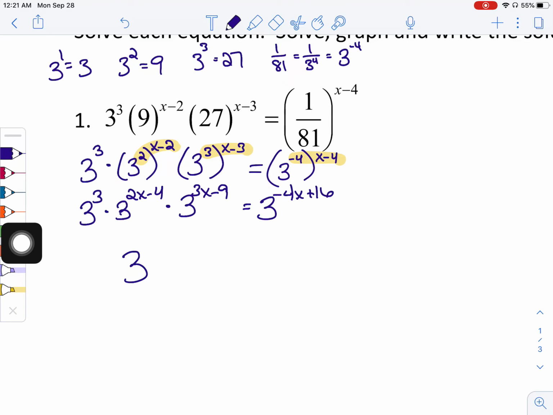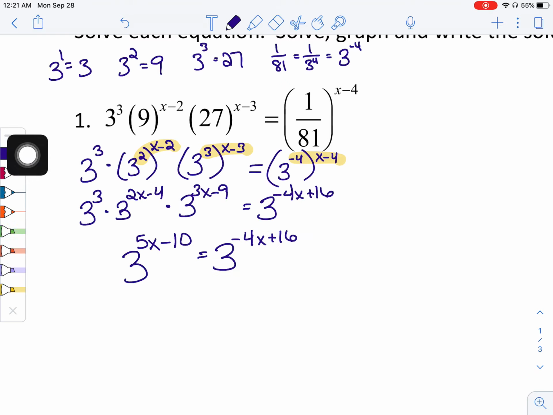Looking for some like terms here, I've got 2x and 3x, so if I combine those, that's 5x. 3 minus 4 minus 9 is going to be negative 10, equals 3 to the negative 4x plus 16. Okay, we have the same base on both sides, raised to some power. And the only way this equality works is if this exponent is equal to that exponent. So that's what we're going to do next.